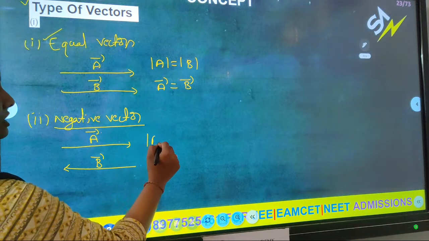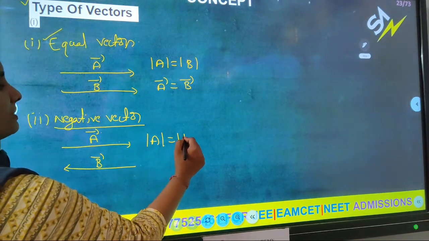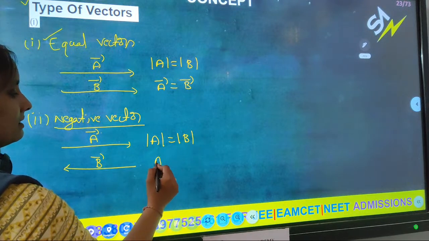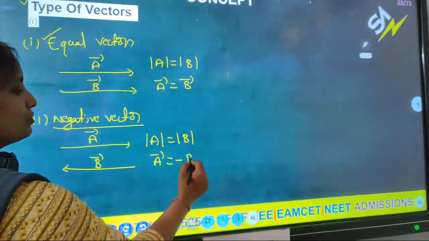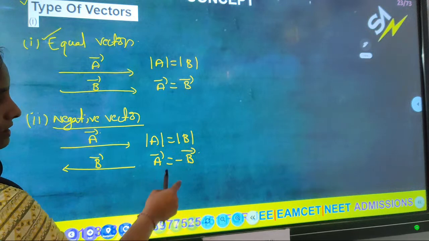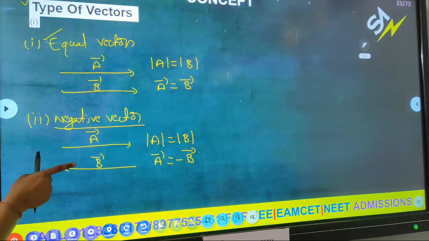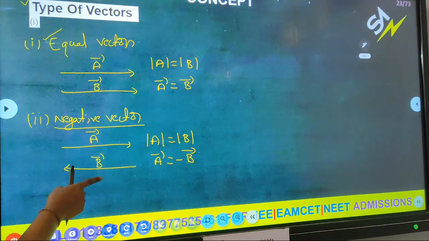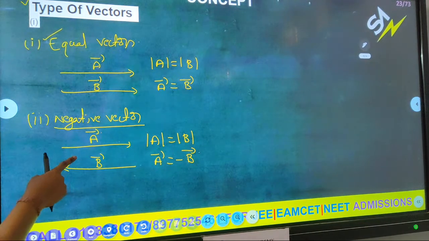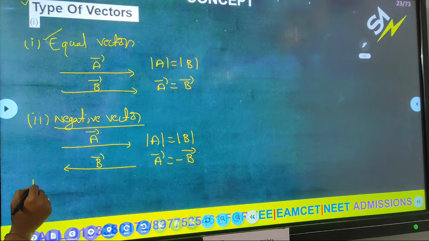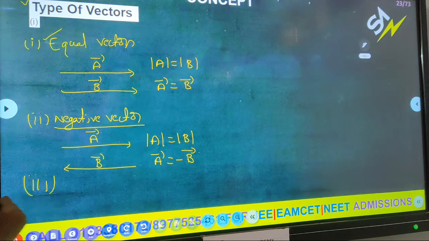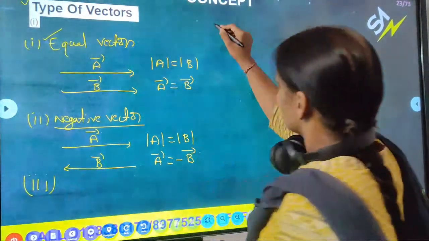So here magnitude of A is equal to magnitude of B, but A bar is equal to minus B bar. So B bar is the negative vector of A bar. So if any two vectors having equal magnitude but in opposite direction, that vectors are called negative vectors.